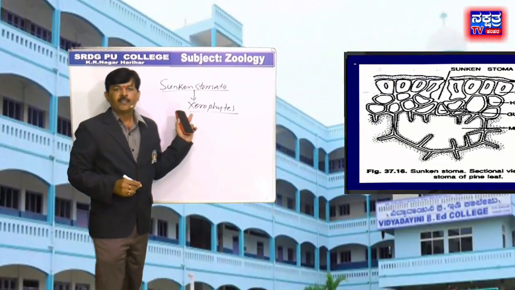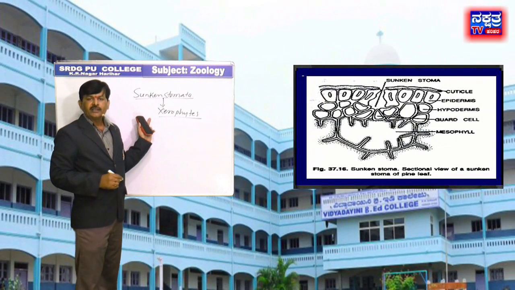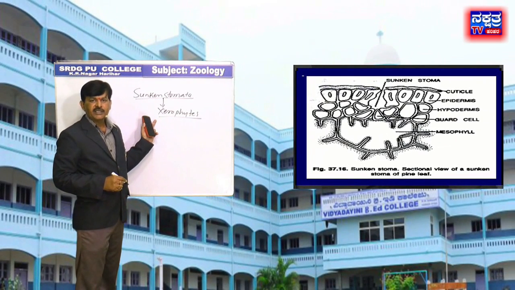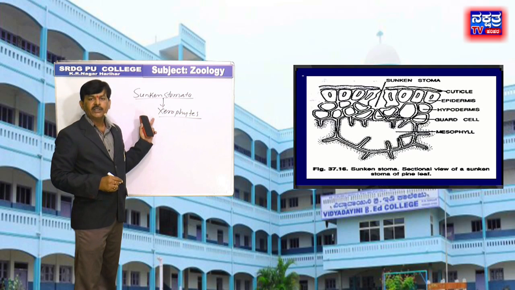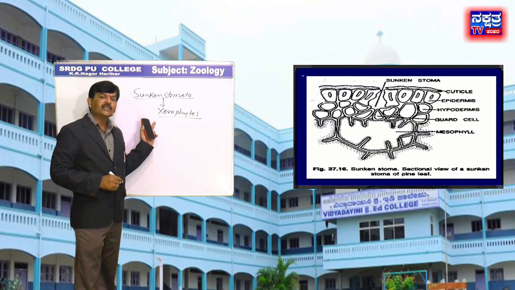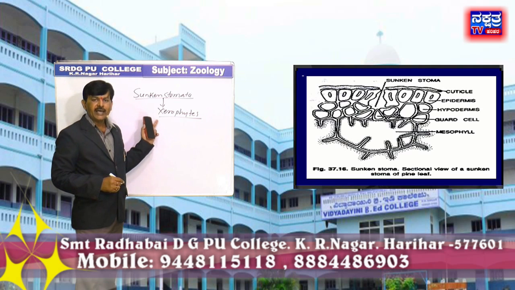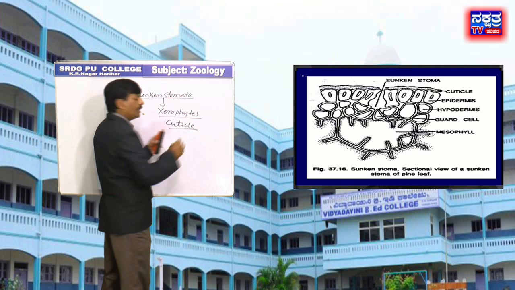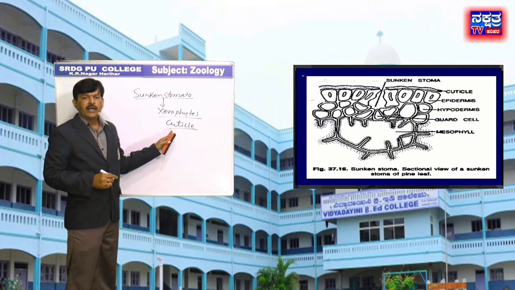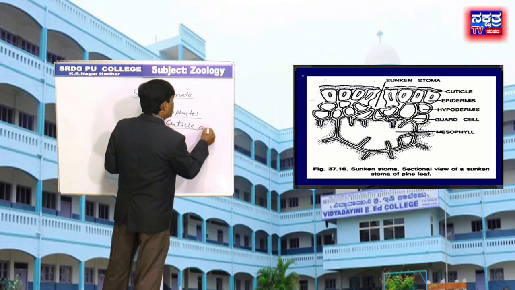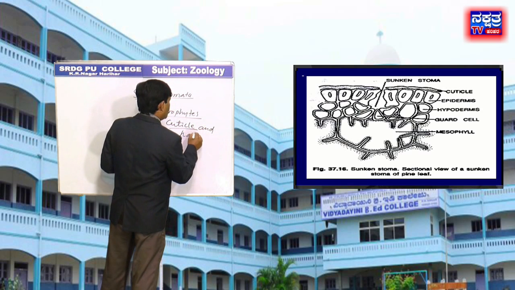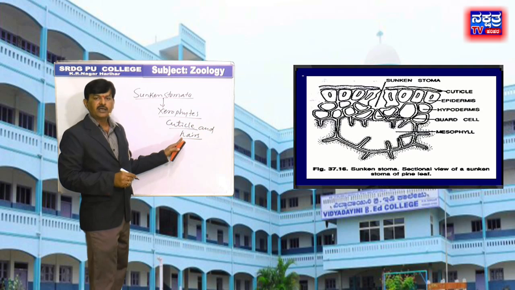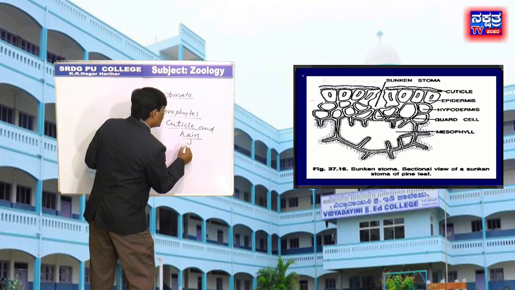Rather than being on the leaf surface, they are sunken into the leaf and usually surrounded, as well as covered, by cuticle and hairs. The hairs are called trichomes.